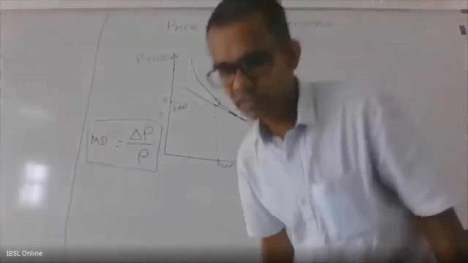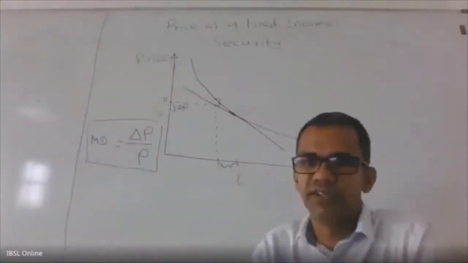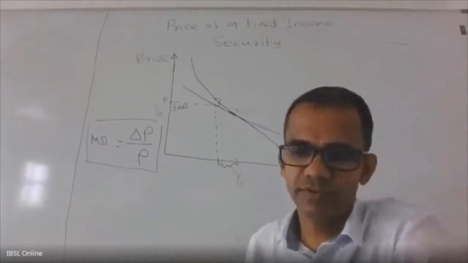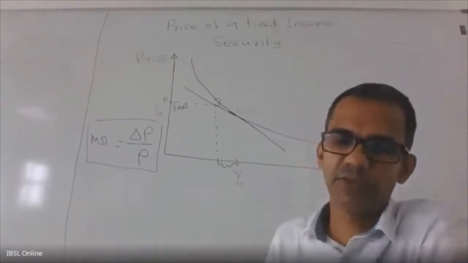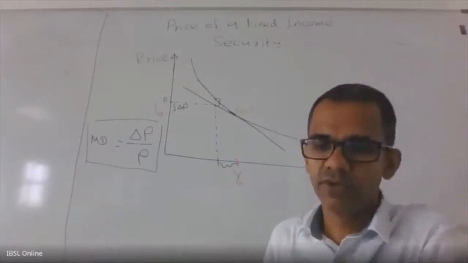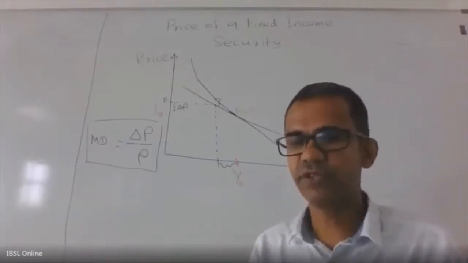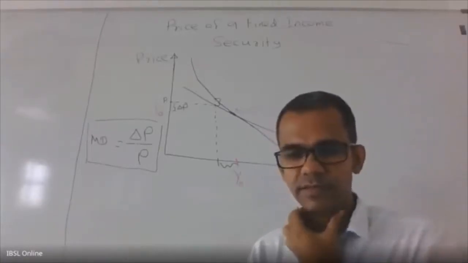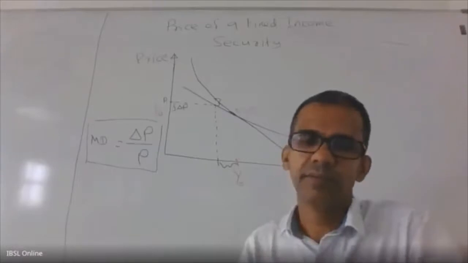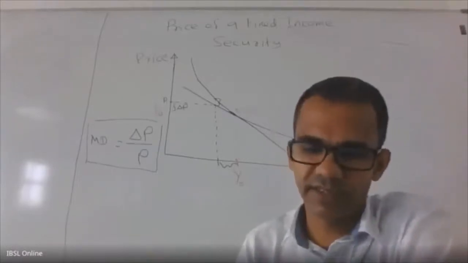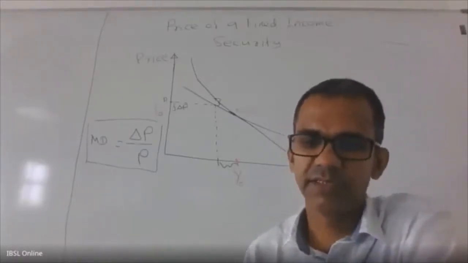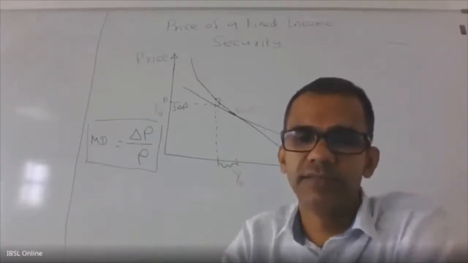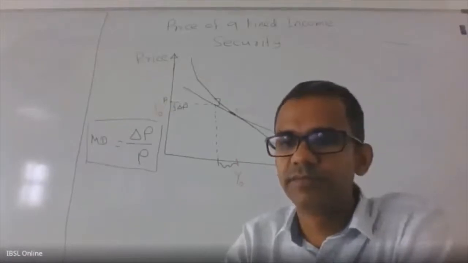So that's how we interpret the modified duration, and this has a practical meaning. If the yield changed by 50 basis points, that means 0.5%, and you know the duration, you can calculate the change in the price. You calculate first the percentage change, then multiply by the current price, and you get the new price. It is possible.